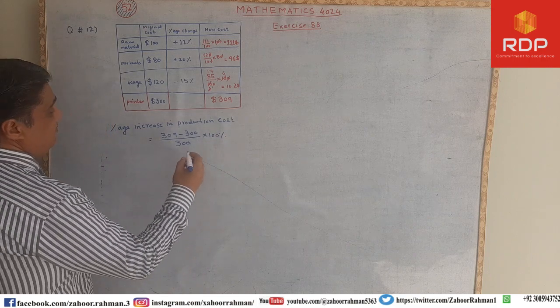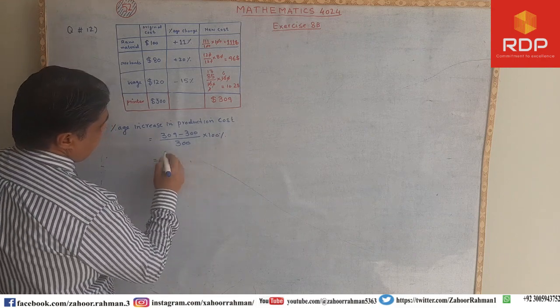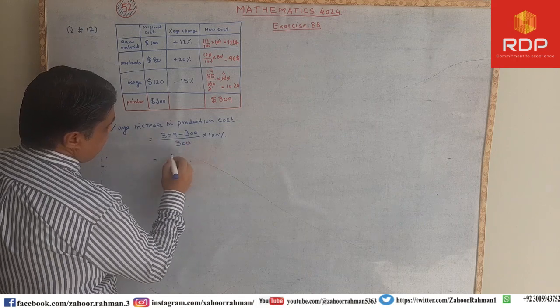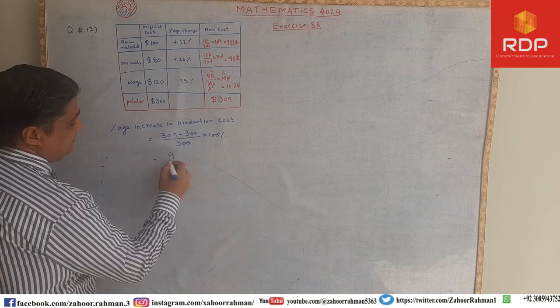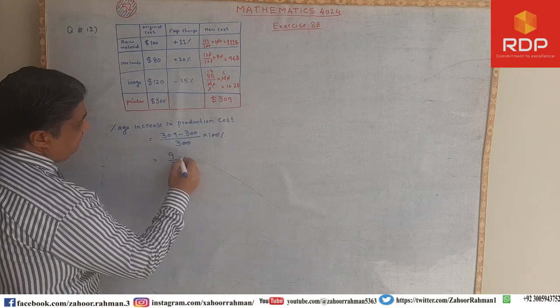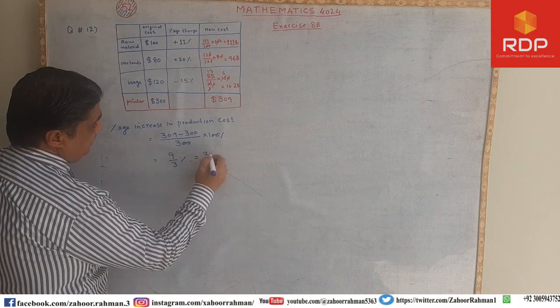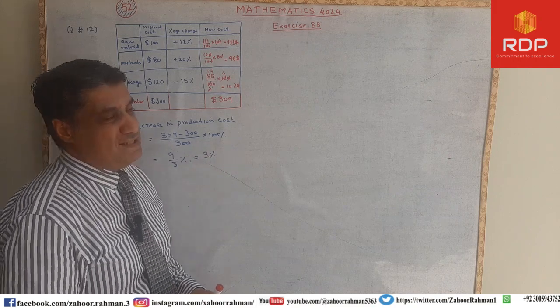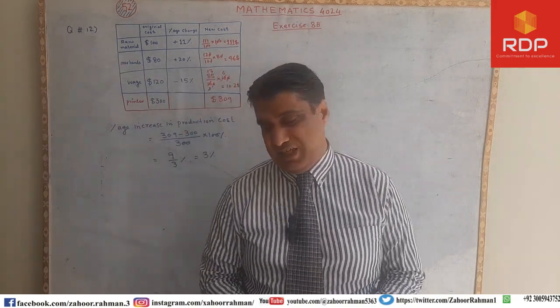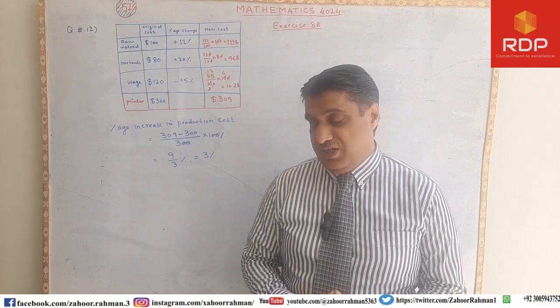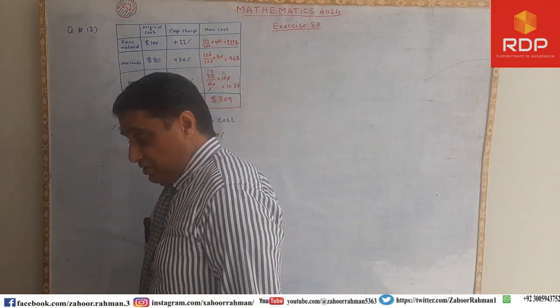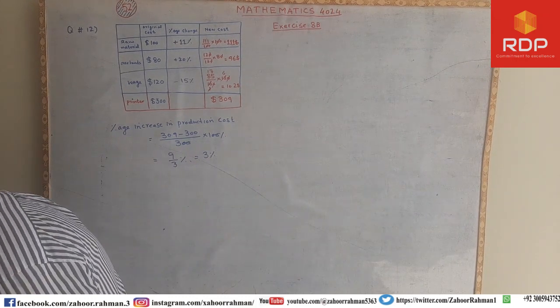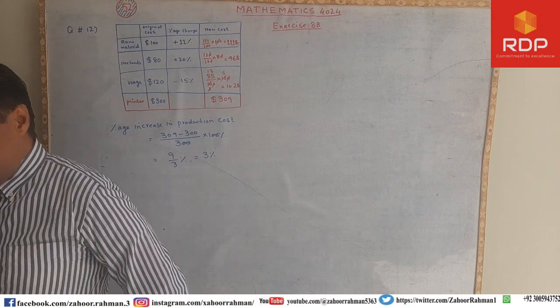First of all, we subtract, which gives 9, and these two zeros are cancelled. So 9 divided by 3 is 3%. It means that there is a 3% increase in the production cost of the printer.